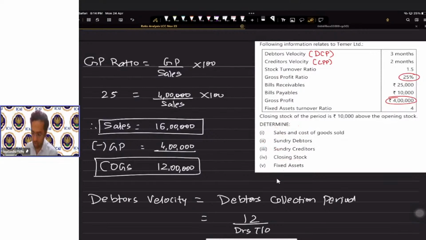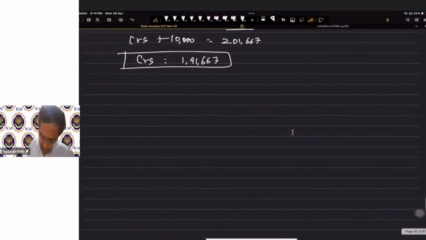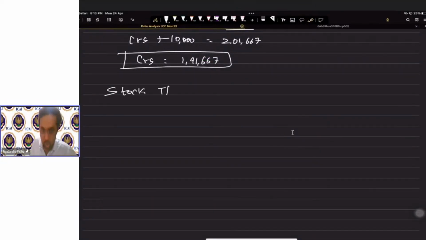Okay, so for closing stock, we'll take help of the stock turnover ratio. Let's go ahead. The stock turnover ratio is given as 1.5.